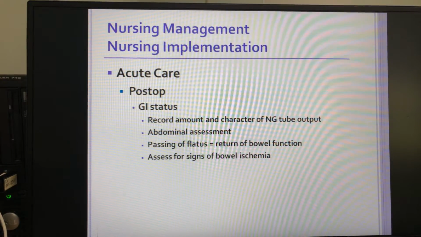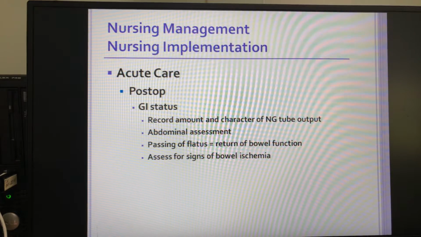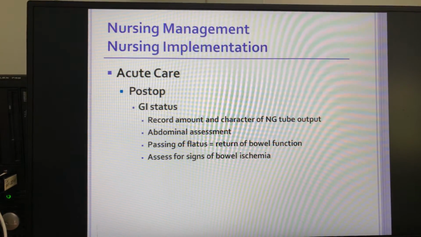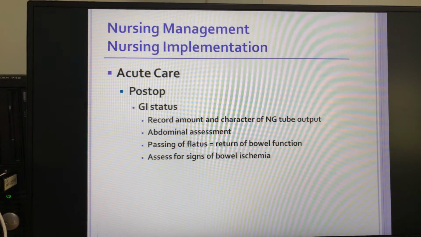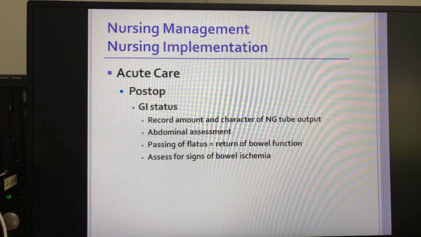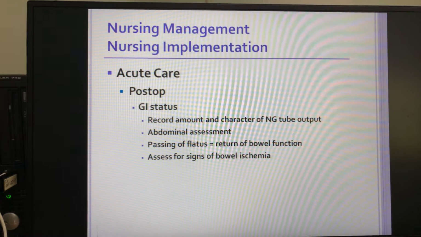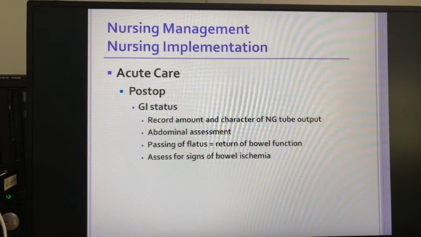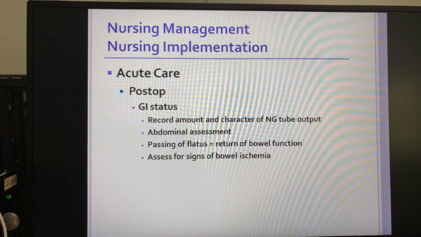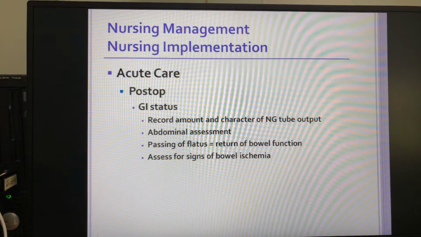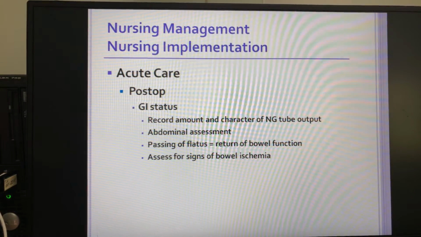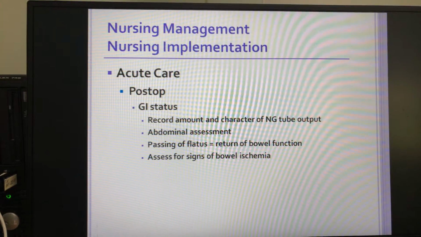GI-wise, post-operatively during the acute care phase after an open abdominal aortic aneurysm repair, a paralytic ileus may develop as a result of anesthesia and handling of the bowel during surgery. The intestines may become swollen and bruised, and peristalsis cease for variable intervals.